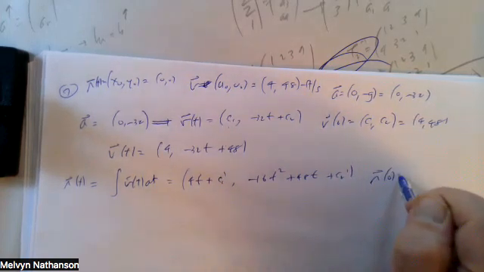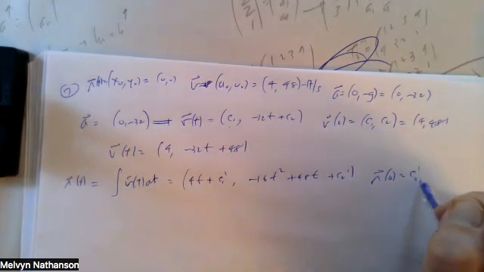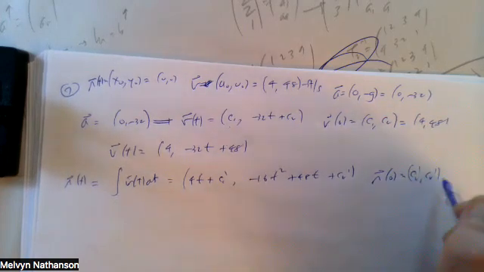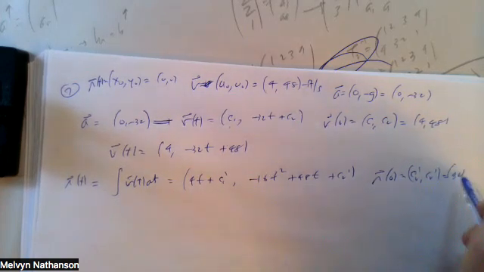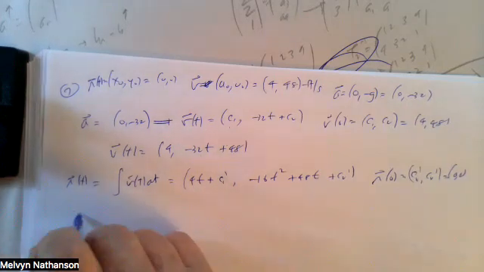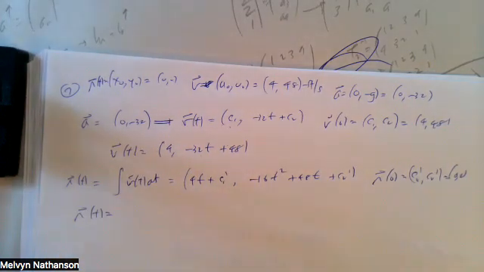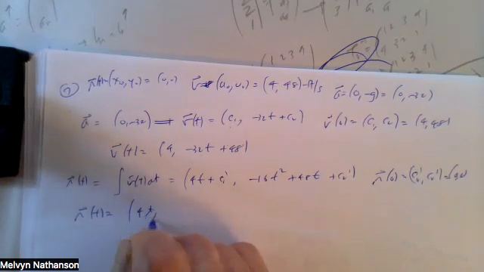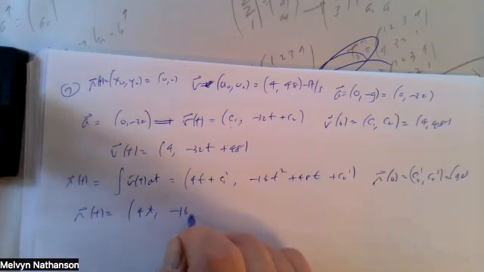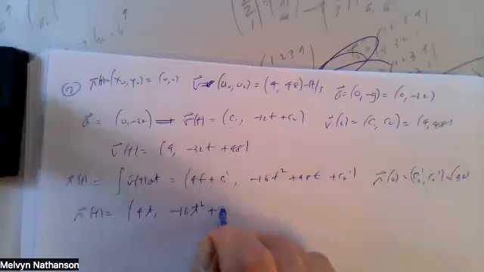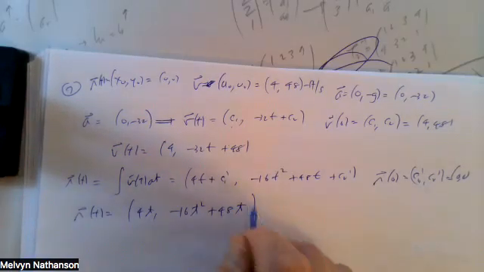And r at time 0 is c1 prime, c2 prime, which is 0, 0. That's the starting point. So these constants are 0. So the position at time t is given by 4t, minus 16t squared plus 48t.